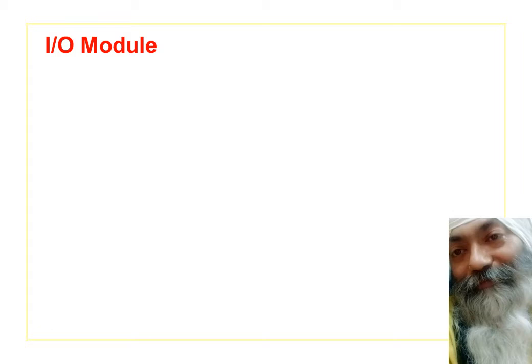We already had a session on the components of a common PLC, and in that session I had told you that we shall be discussing input output modules, the different kinds, both digital and analog, which are used in PLC, separately, because it requires a detailed discussion on understanding why we need these input output modules.